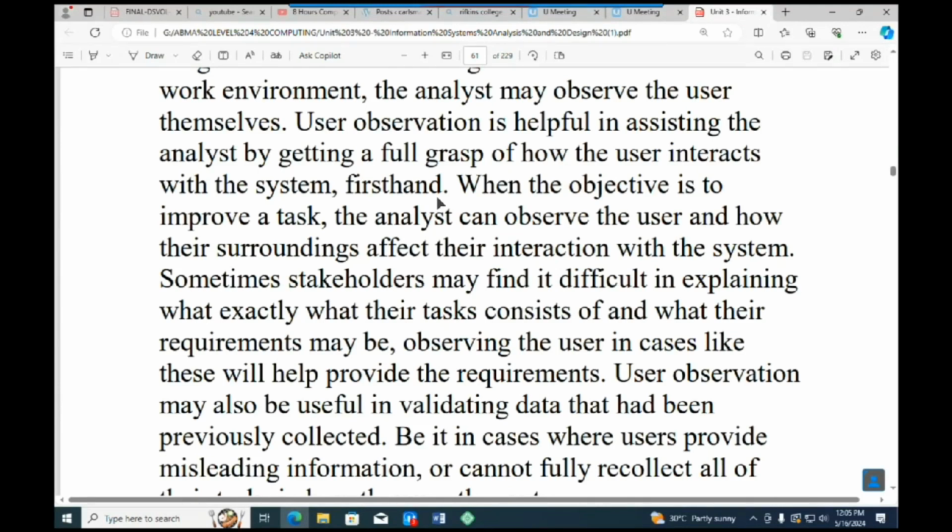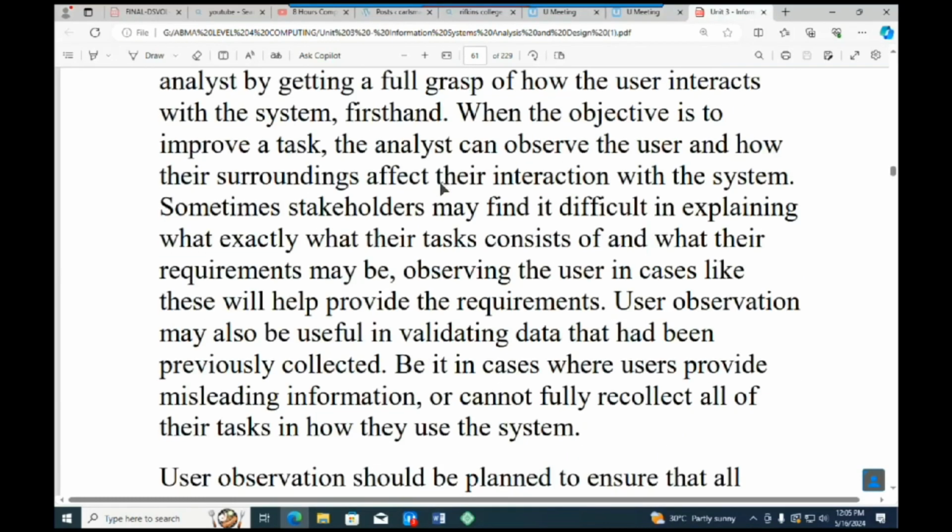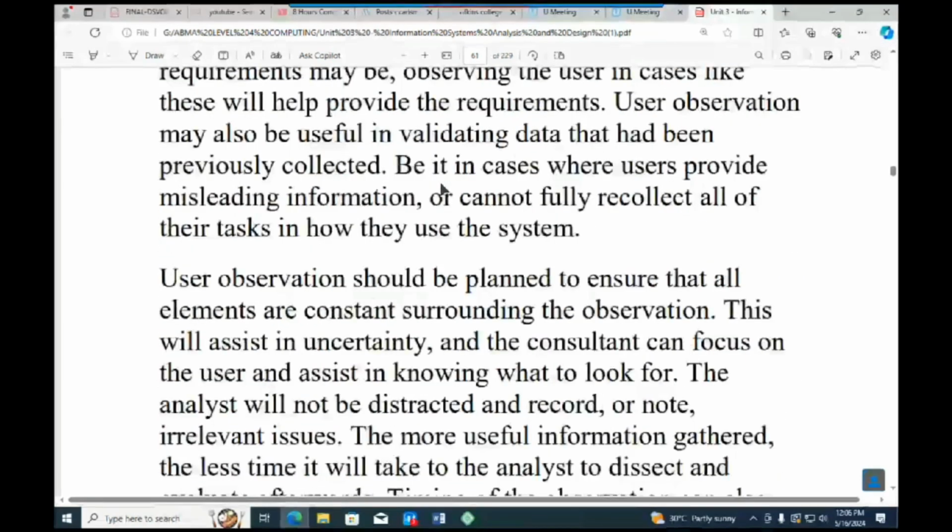Also, user observation is useful when you're doing data validation. If you are validating data that has already been collected or was collected previously, you have users that can provide misleading information, or they cannot fully recollect all of the tasks and how they are using the system.